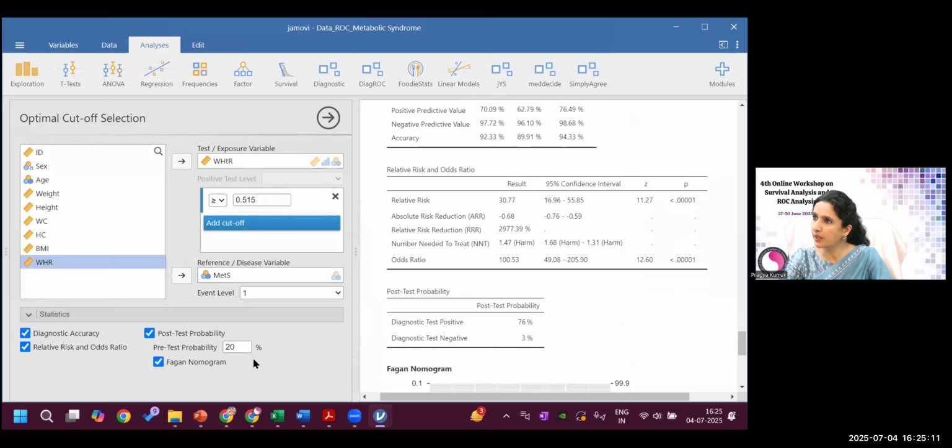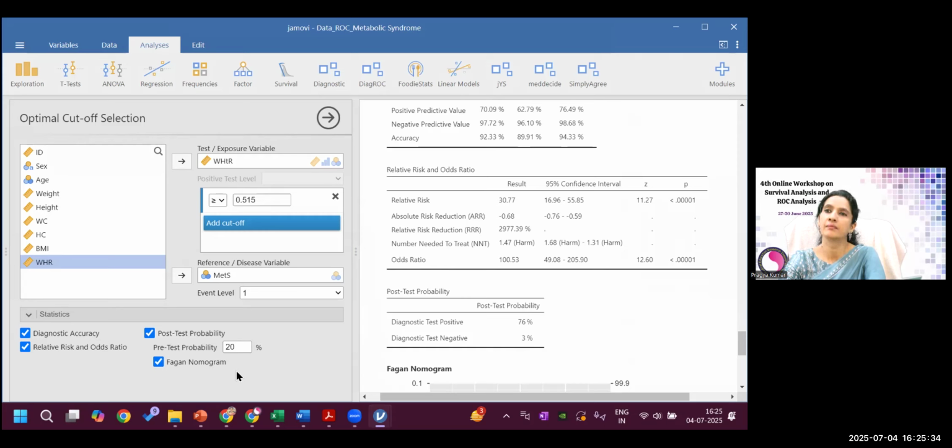I think you explained, no? And Dr. Shamshad is explaining this, I think. What is pretest probability here? We are assuming 20%. That means even if we don't have any test, we can say by guess that you have a 20% chance of getting the disease. You remember the HIV example?